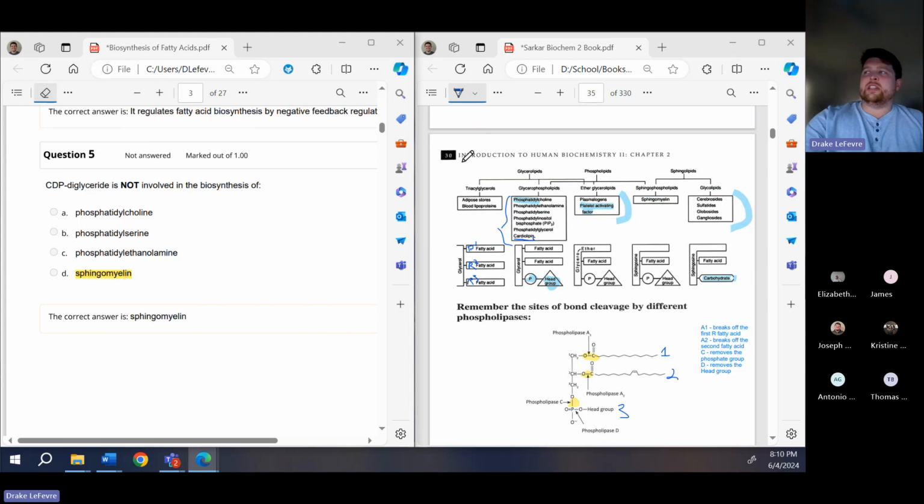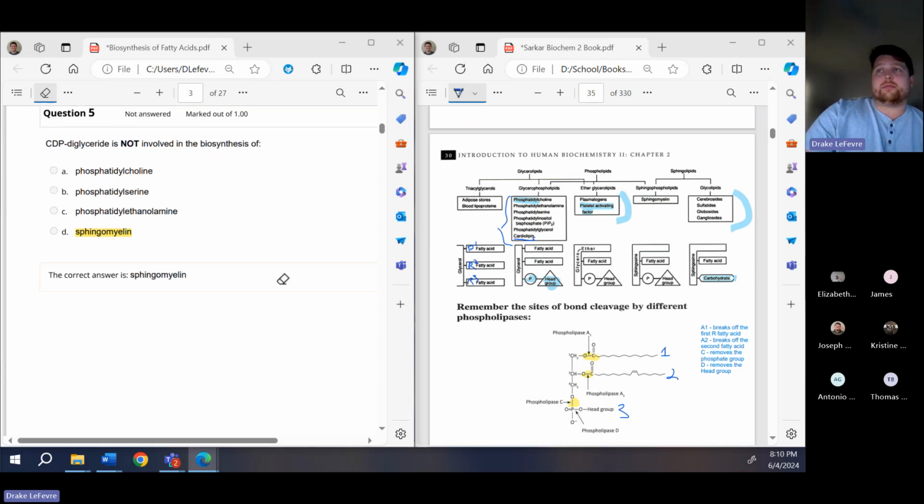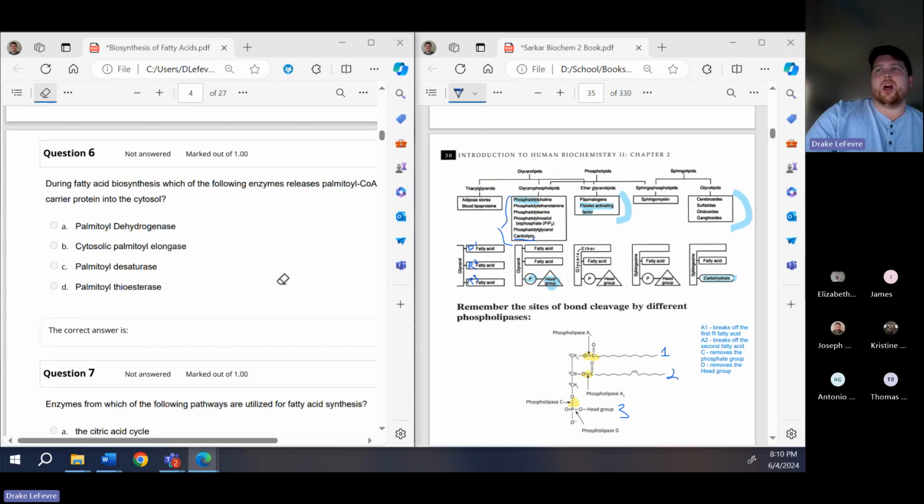You can look at the patterns in general: if it's a phosphatidyl group, bunch it all into that group, and if it's a sphingo, put it in the one specific spot, and whatever's left over, throw into the other two categories. But that's the way that I would approach that, because it's a lot.